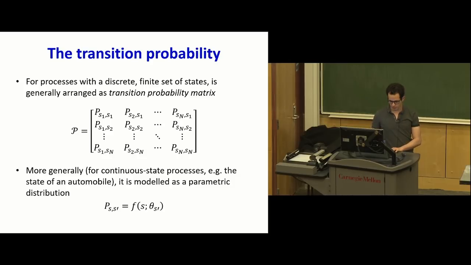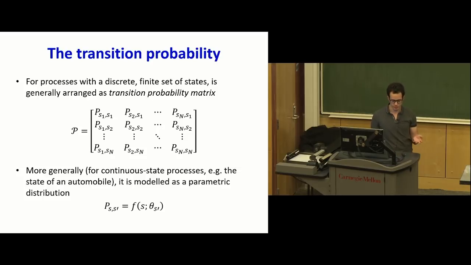So again, the transition probability in the finite case is a matrix. And if you're not in a finite state space, or if the state space is too large, or even continuous, you're usually going to use a model, so the probability is going to end up being a function of the states and some parameters.